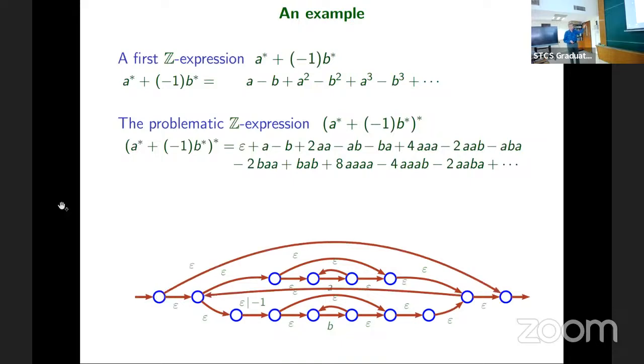The point is, this is the star, the Thompson. And now you see that within this automaton, you have epsilon transitions.